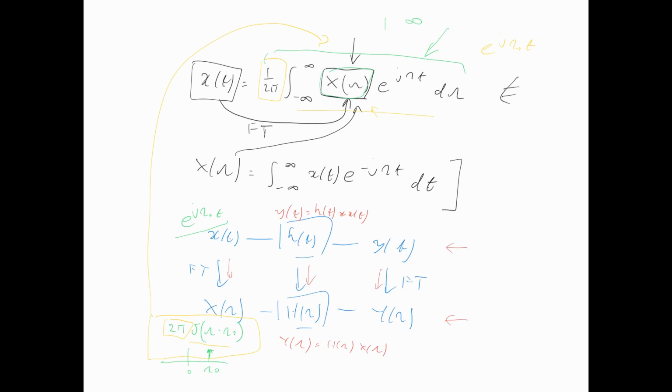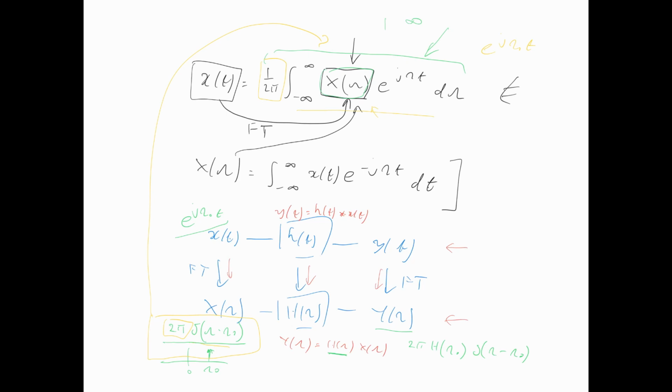Returning to our diagram, if the input in the frequency domain is a delta function, then the output Y in the frequency domain is going to be exactly the same delta function, just with its magnitude altered. So the output here is going to be 2 pi H at omega naught times delta of omega minus omega naught.